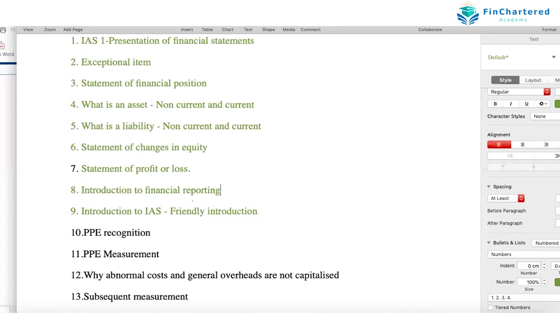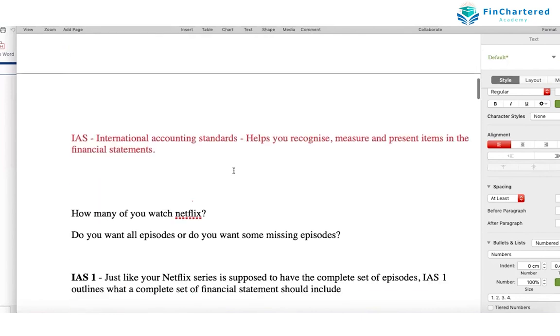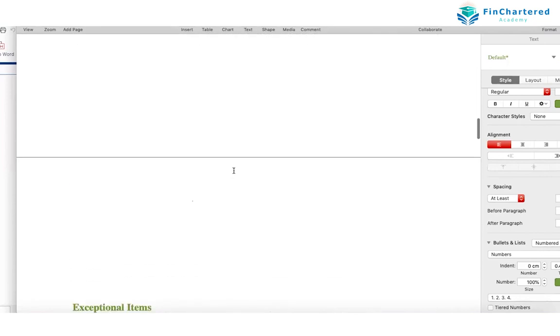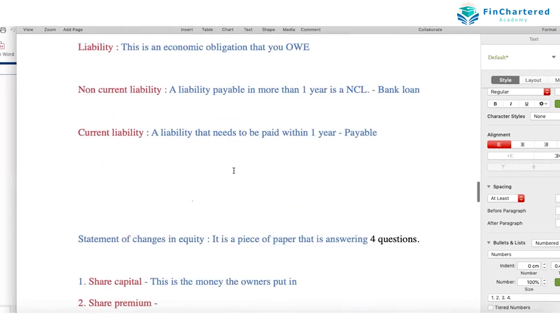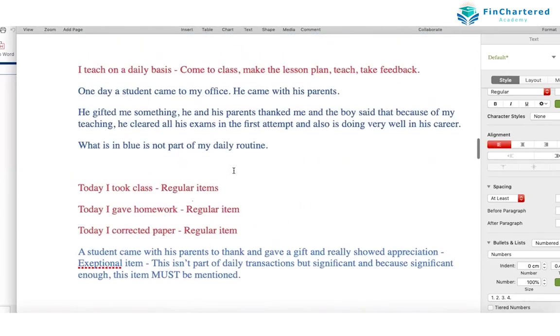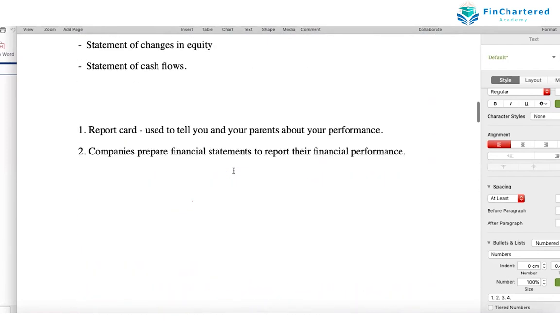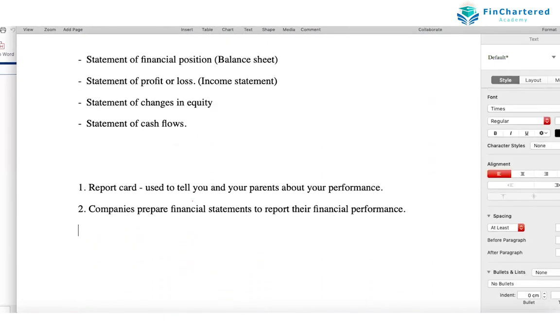Right? Now we will move on further. And again, I will be giving the same example which I used in the demo.